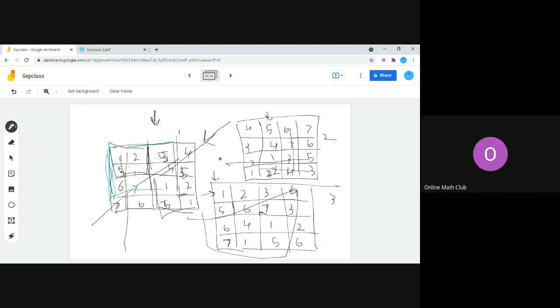So you had 1, 2, 3, 4, 3, 1, 4, 3. It was 1, 1, 2, 2, 3, 4, 5, 5, 1, 4, 3, 6, 7, 1, 2, 7, 6, 5, 1. So in this, there was a diagonal symmetry, right? The diagonal around which you have made the symmetry.